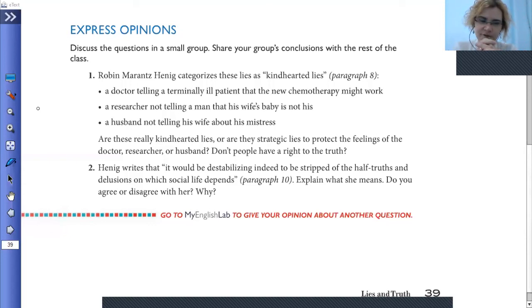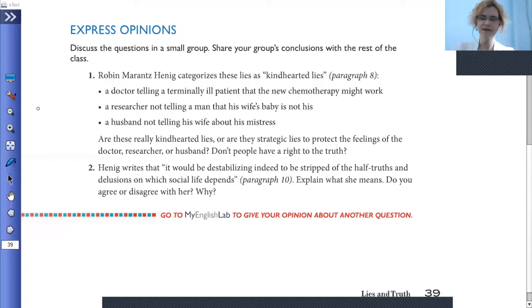I think people have the right to know the truth, even though it hurts. Even though the truth is literally crushing you, it's better to know the truth than to know the better lie.